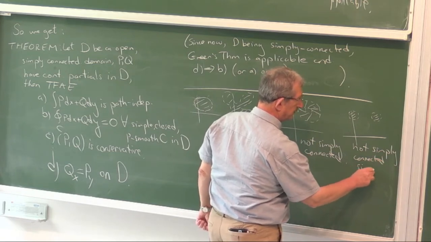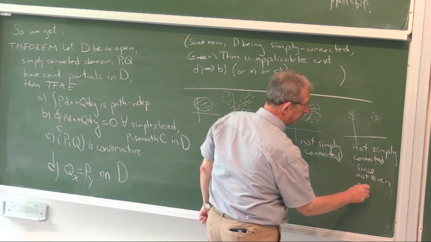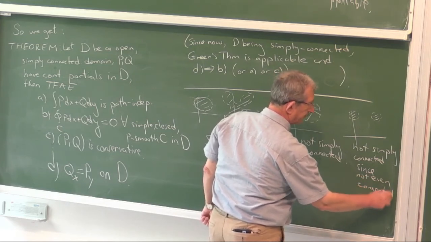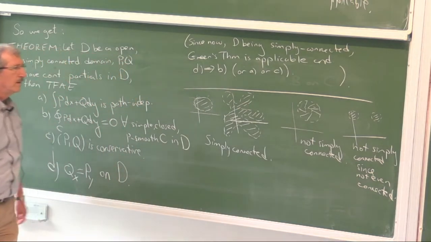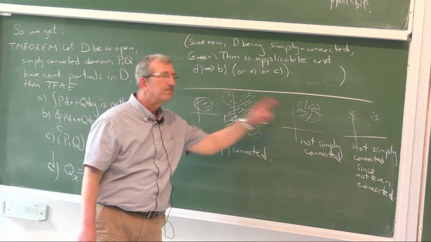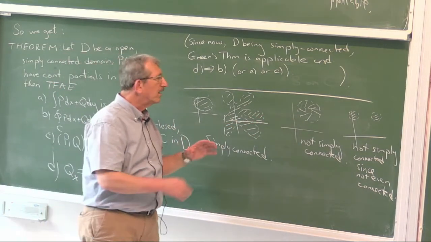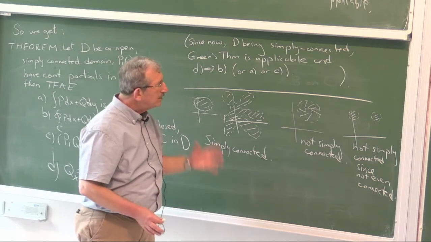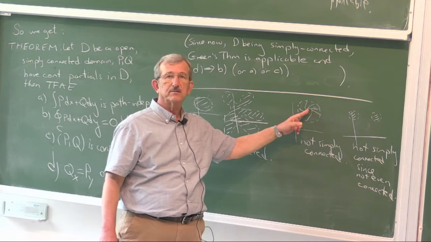Since not even connected. Okay. Well, you can also regard a simply connected domain as an open set, a connected open set, but it has no holes inside it, like this.